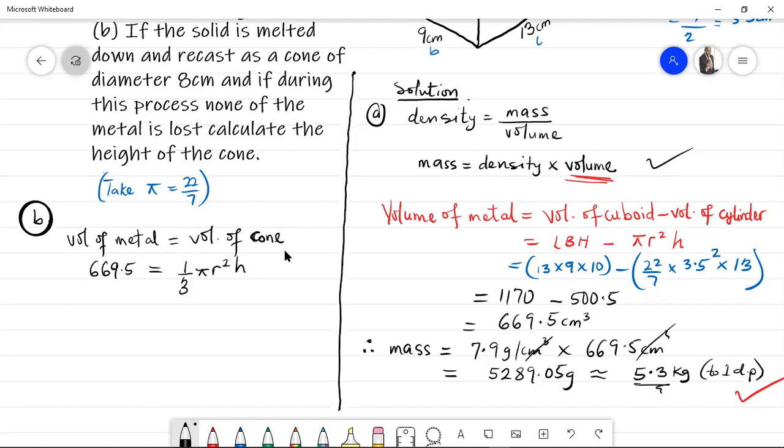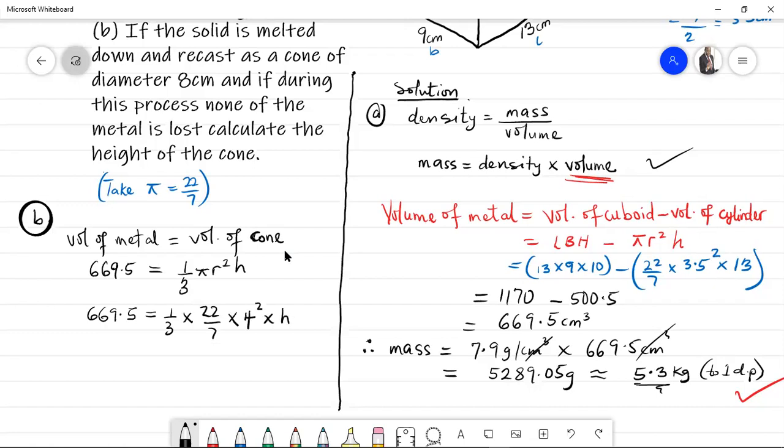Remember, radius is diameter over 2. So if I do that substitution, I'm going to have 669.5 equal to 1/3 times 22/7 times 4 squared, since the radius is 4, and then times h, the height.